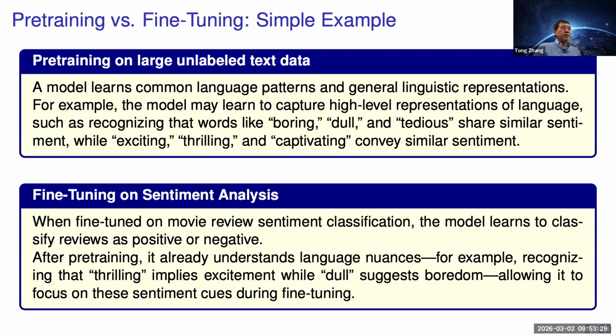After pre-training, they already understand the language, right? They know something is probably connected, something is not the same, but they don't know what you want, and this is fine-tuning. And this is much easier. You can use much smaller data because they already learned basic representations from the pre-training. So pre-training in some sense is learning basic general representation.